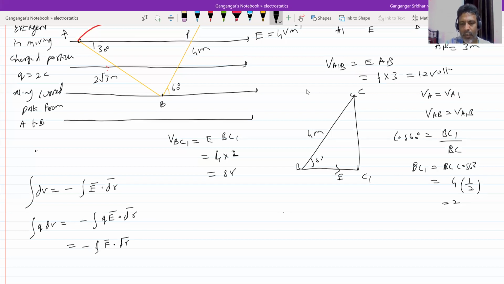We brought an expression for potential energy. Can you remember? Interaction potential of a charged body. So therefore, what should Q into V be? This should be the work done. So the work done in moving a charged particle from A to B by electrostatic force.